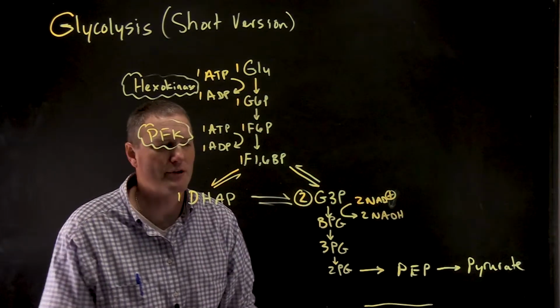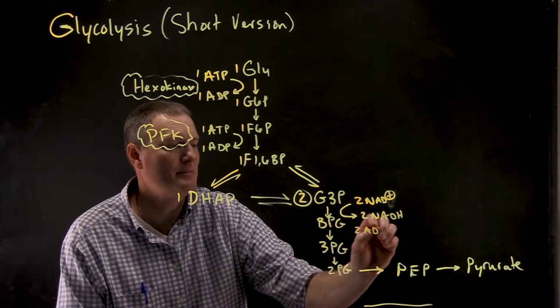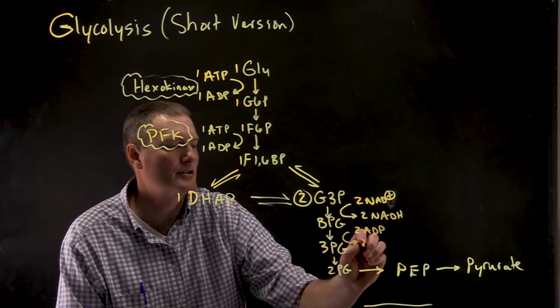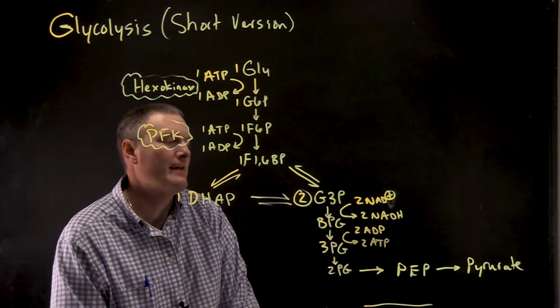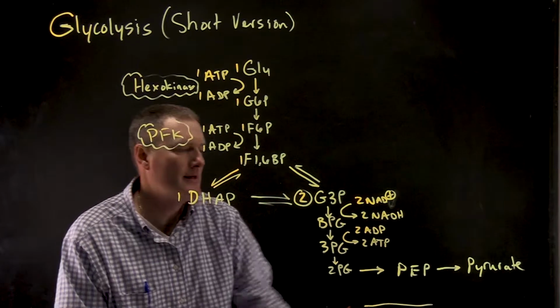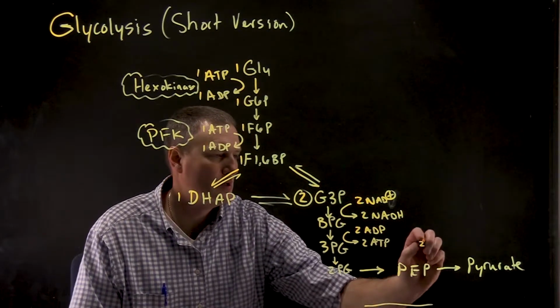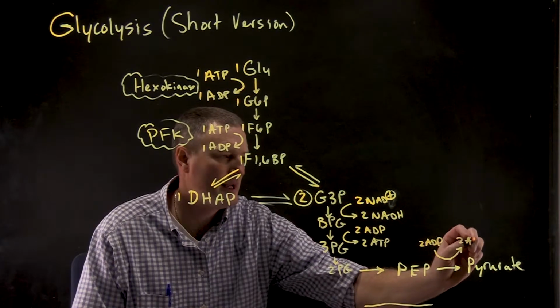Okay, so that's this conversion here. Next, we will take 2 ADP and convert them to 2 ATP. Then lastly, phosphoenol pyruvate, when it's converted to pyruvate, we'll take 2 ADP and convert it to 2 ATP.